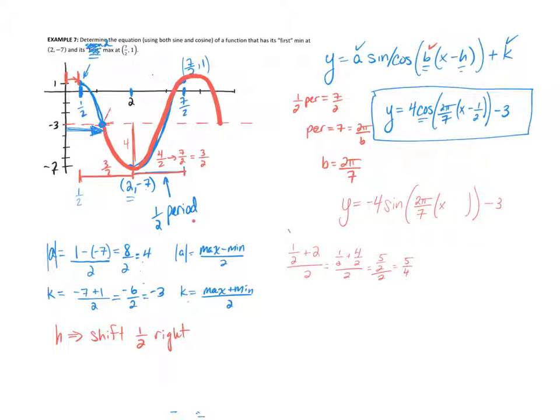So the coordinate here must be 5/4, comma, -3. And now we can see that our h value, because we shifted right by 5/4, must be minus 5/4. And there you go.